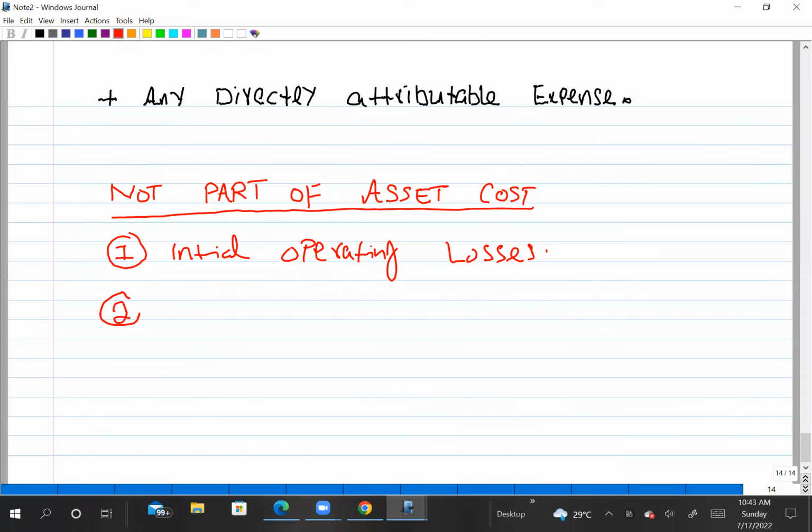Number two, any abnormal loss will not be capitalized as part of the cost of the asset.